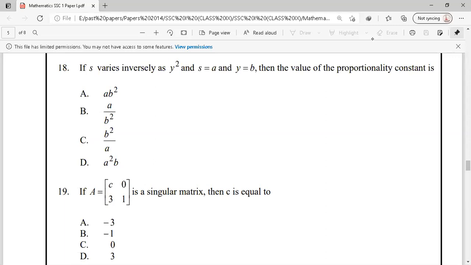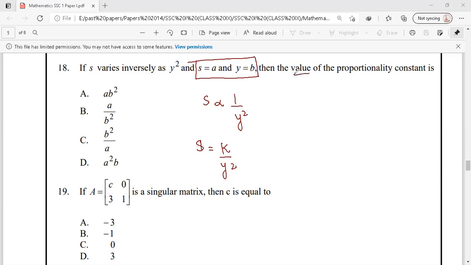Let's solve question number 18. If s varies inversely as y², then s and y² are inversely proportional, so the equation would become s = k over y². Here we have s equal to a and y equal to b. We have to find the value of the proportionality constant.